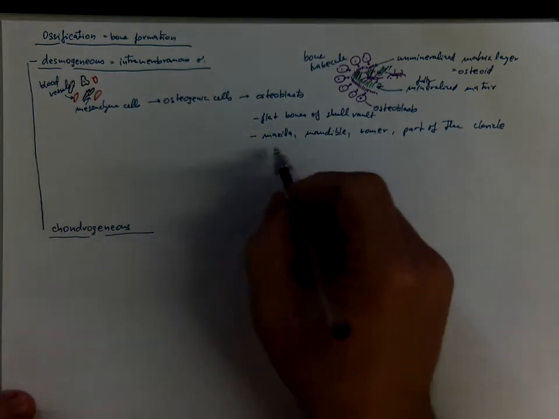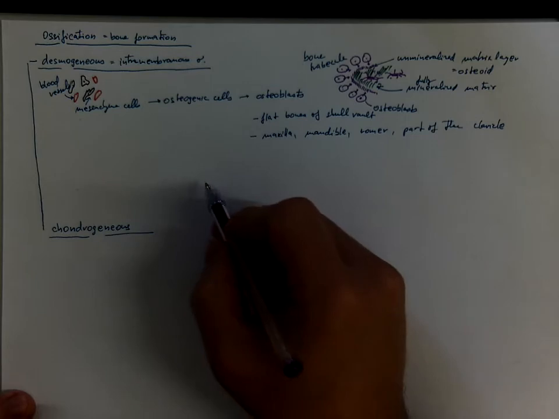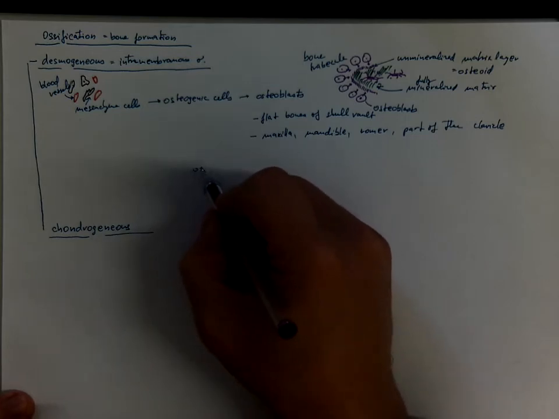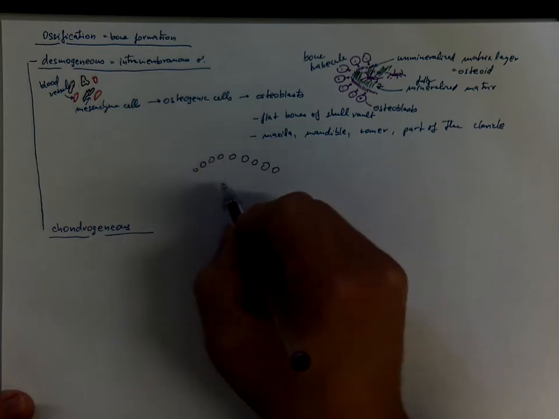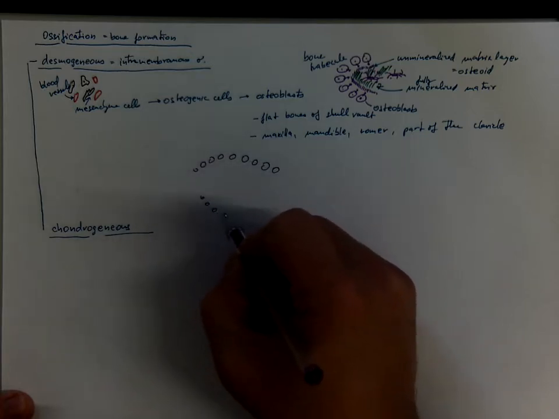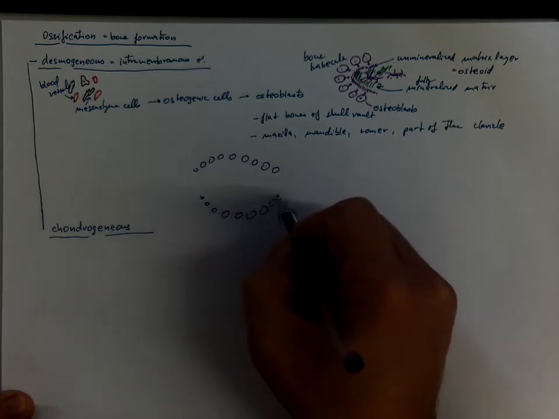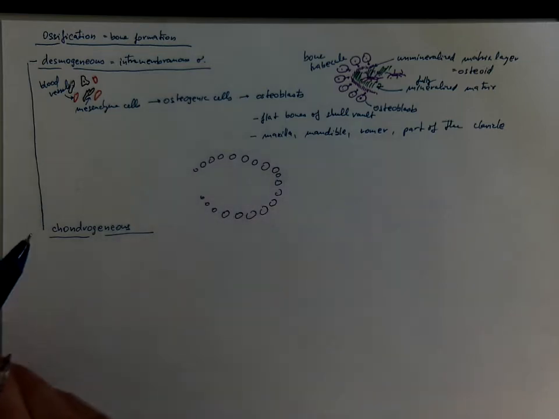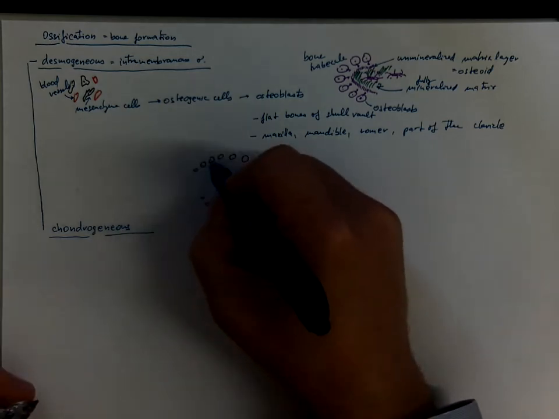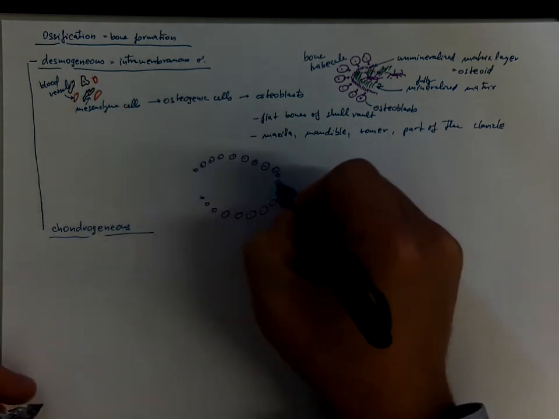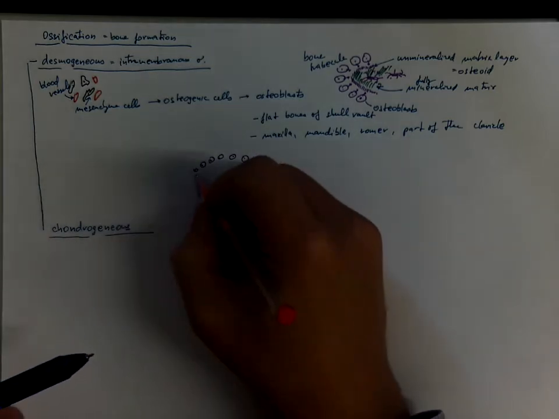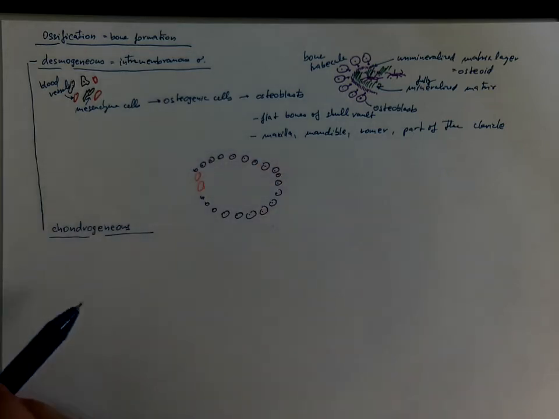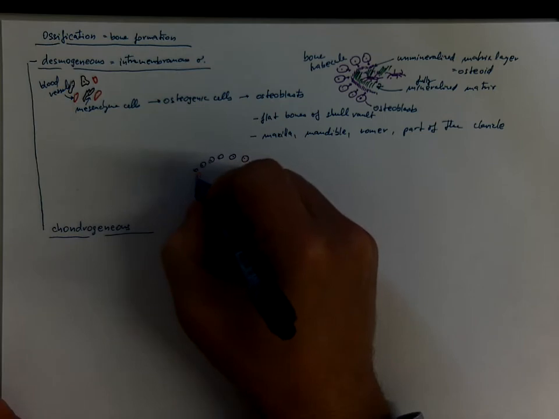Before we discuss that, let's get back to the newly produced bone trabecula, because I want to point out an interesting phenomenon which depends on the activity of osteoblasts and osteoclasts. So let us say we have the osteoblasts on the surface, and we have also a region where you can find osteoclasts, these bone resorbing cells with many nuclei.